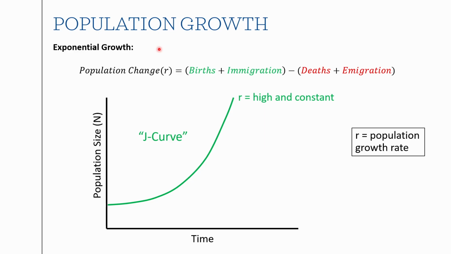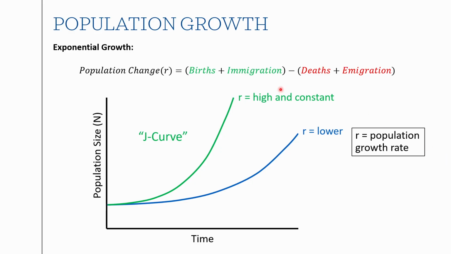Now, let's just say, and this would be when the birth rate is quite high and the death rate is quite low, you're going to have high population growth. But let's say the birth rate declines or the death rate goes up, then R may not be as high, like the value for the population growth rate. Well, it's still going to grow exponentially, but just not at the same rate, so the curve kind of flattens out.